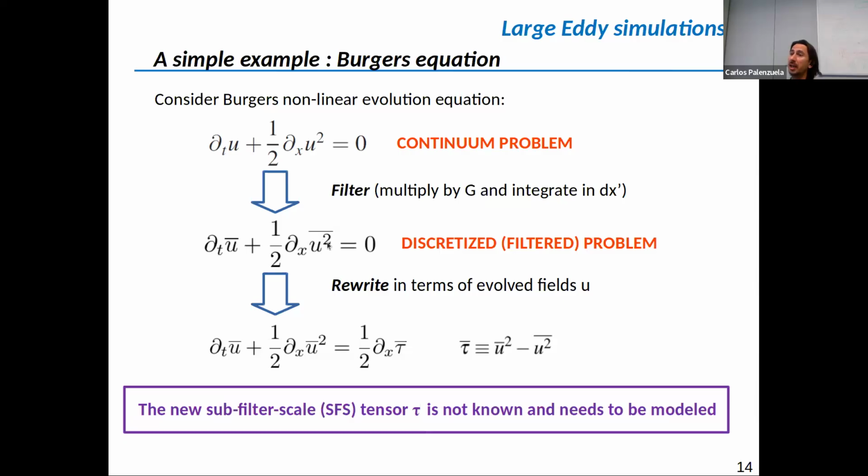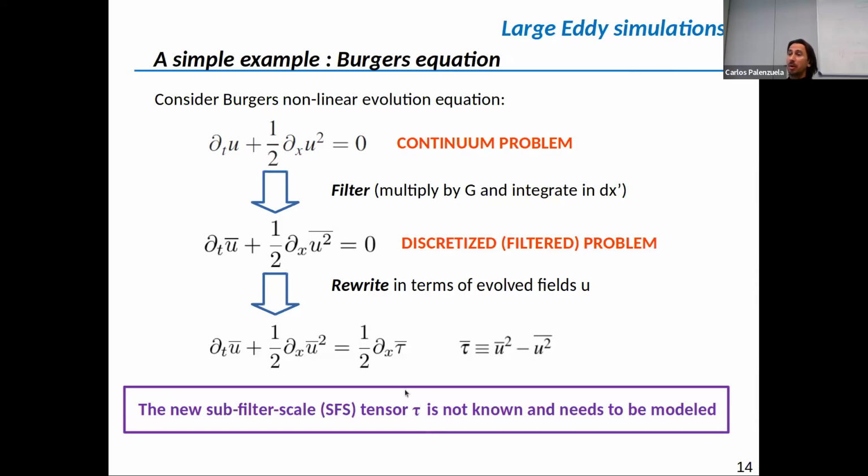So we are going to hide our ignorance by adding and subtracting what we know, to recover the original equation, plus some subfilter scale tensor, that is basically the commutation of the nonlinear operation in the fluxes with the average operator.